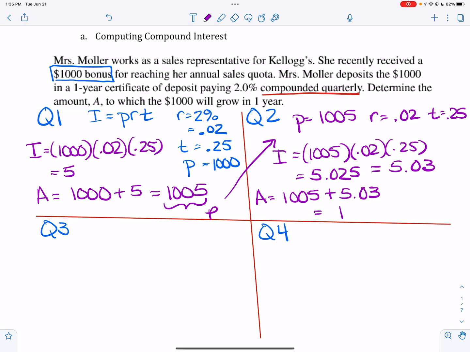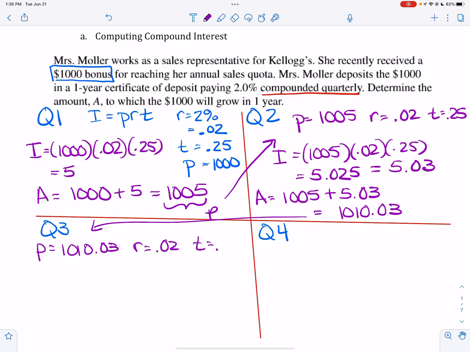So at the end of the second quarter, I have the $1,005 plus $5.03. So I now have $1,010.03, which becomes the principal for my third quarter. And the rate is still 2%, and the time is still 0.25.